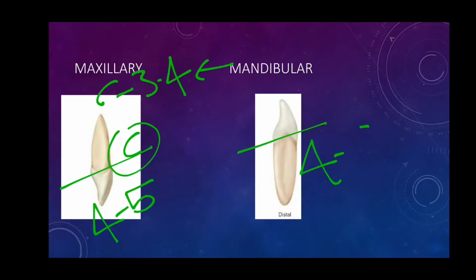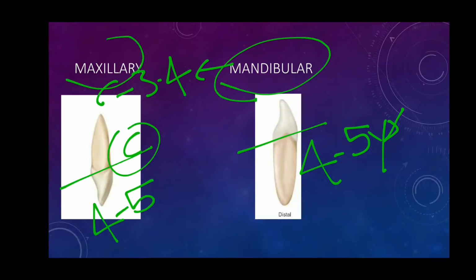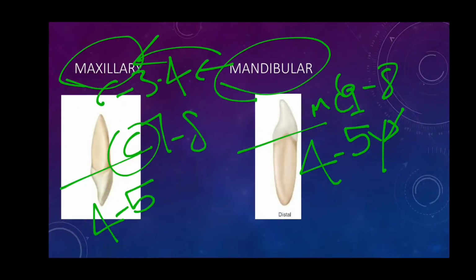And eruption: the mandibular central incisor erupts first, then the maxillary. Eruption of the mandible is at 6 to 8 years and the maxilla at 7 to 8 years. Root completion, mandible is 10 years and maxilla is 11 years.